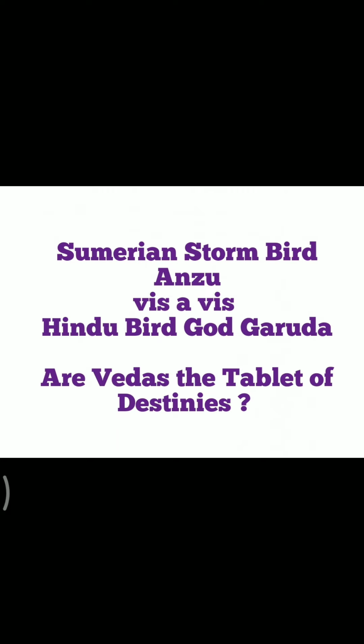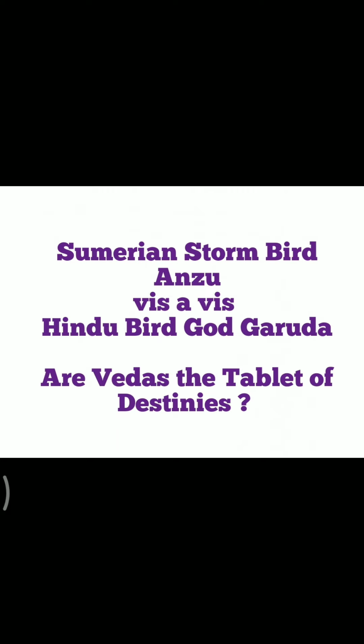But there is a lot of similarity. In fact, other than this, there are three characters in Sumerian mythology who are very much similar, and we can very easily confuse between them.